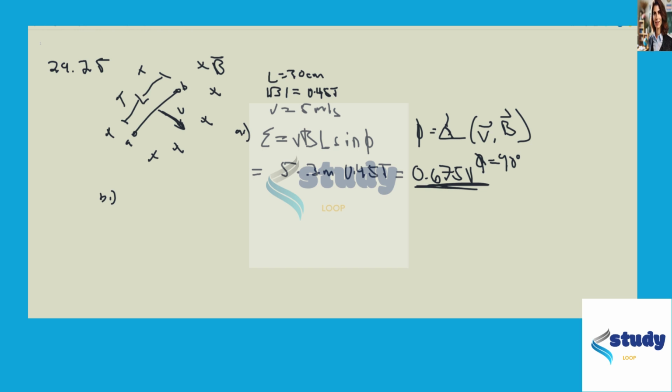For part B, we want to figure out which side has a higher potential. An easy way to do this is by figuring out which way the charges will be pushed. We know that the force from the magnetic field is given as QV cross B. Using the right hand rule, for a positive charge, you can just take V cross B. V cross B gives the right hand rule of pushing the positive charge this way. So that means the negative charges are pushed this way.